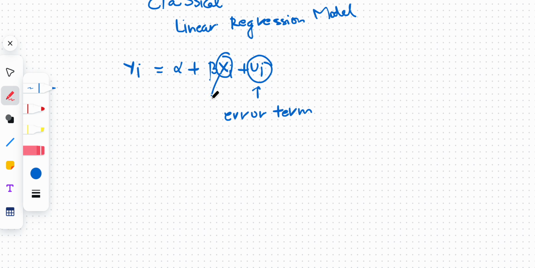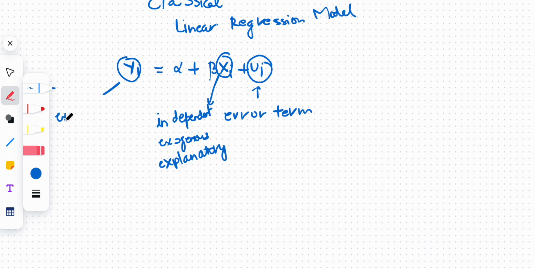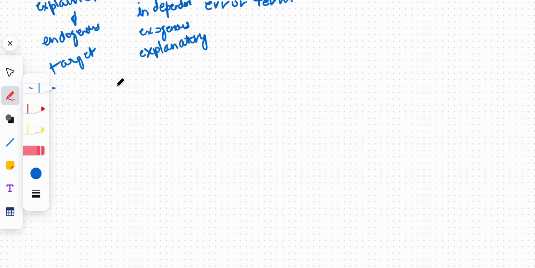This is my independent or exogenous or explanatory variable, and this is my explained or endogenous or target variable. I like to call them independent and dependent, so that's the terminology we will go with.